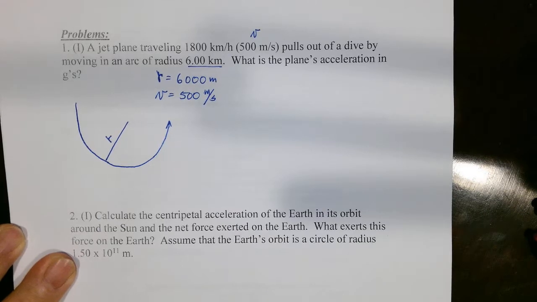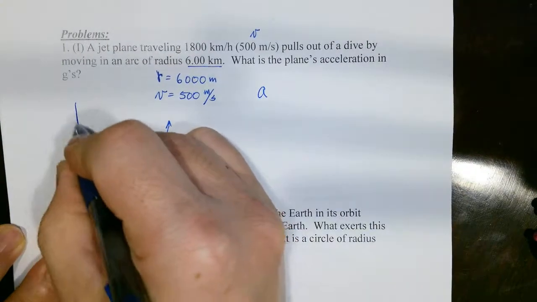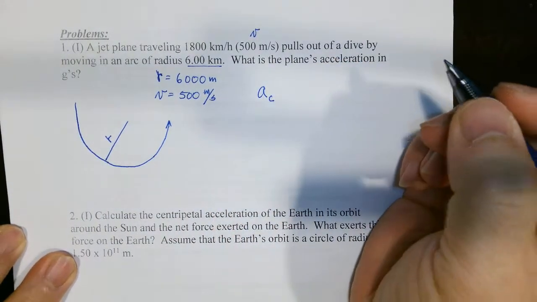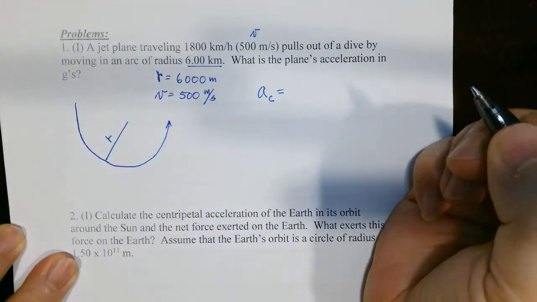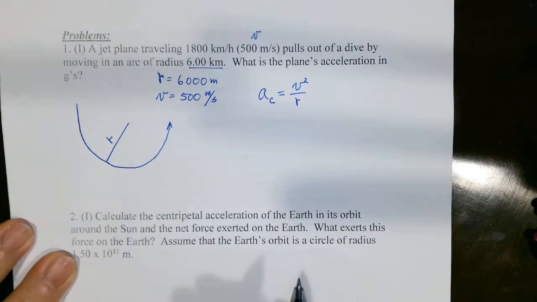So we know, since this is going in a circular motion, the centripetal acceleration is equal to, right, v squared over r. So that's easy, okay?